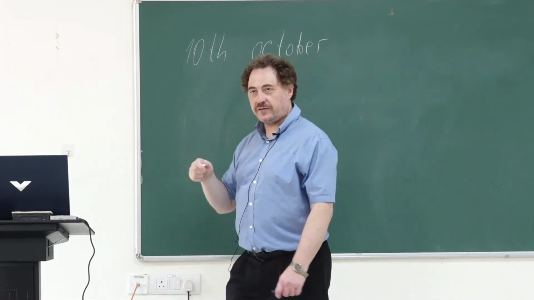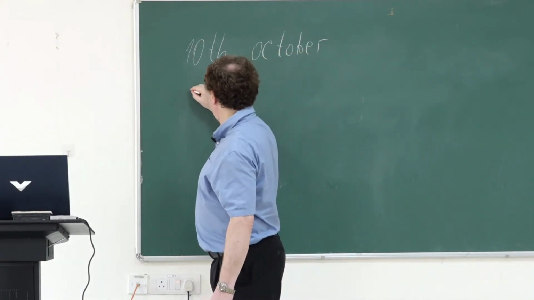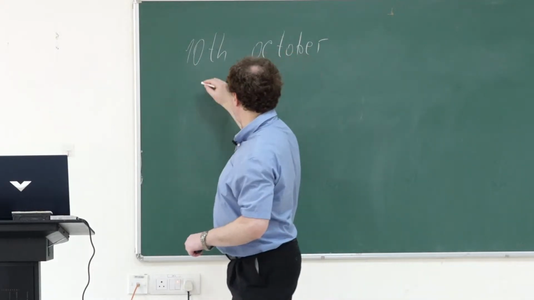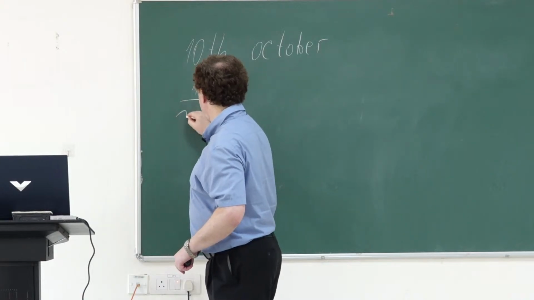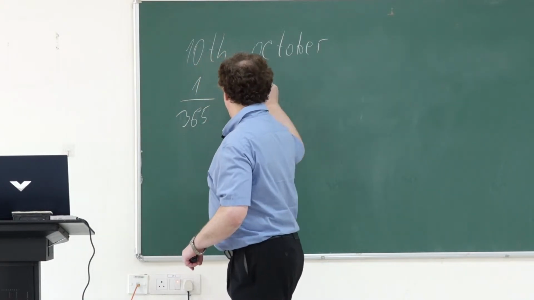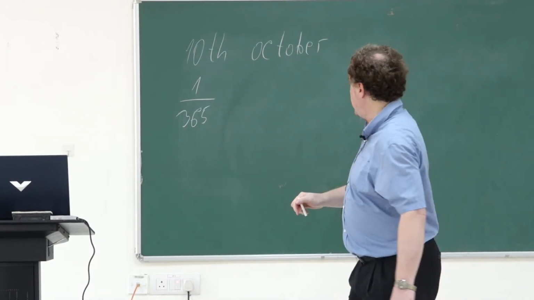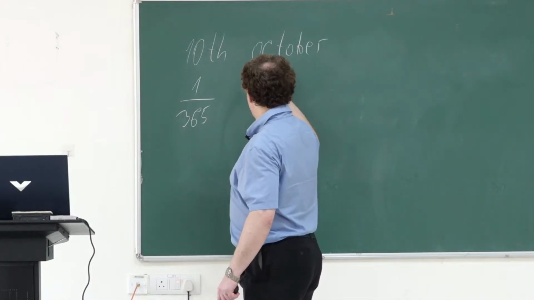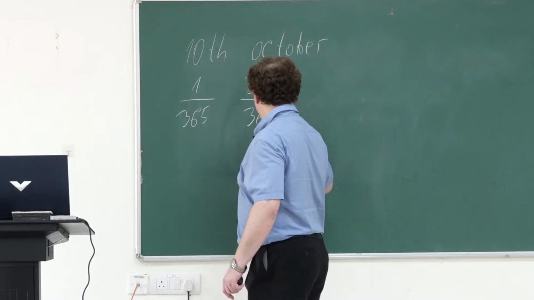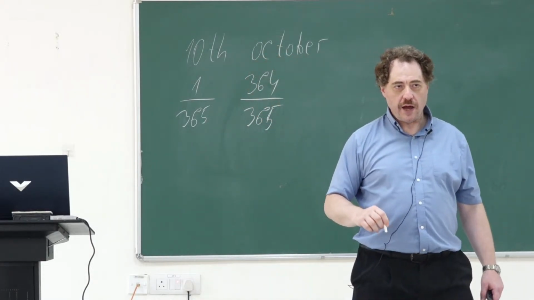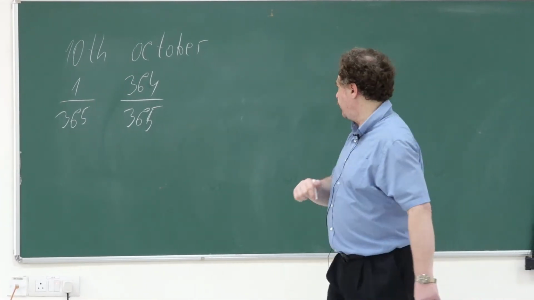Well, there are 365 days in a year, and for one of you, the probability that you are born on the same day as I is 1 by 365, and the probability that the other person is born on a different day is 364 by 365, right? Now, that's for one person. But let's say you are 80 here, or 90.